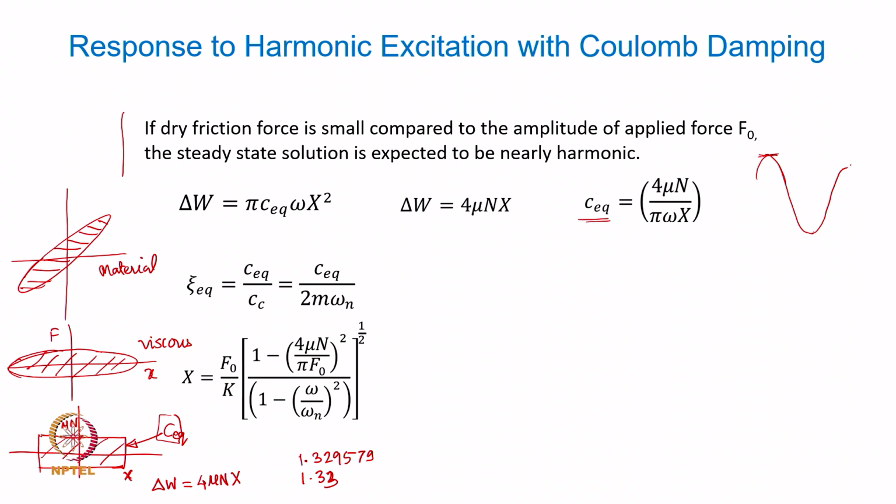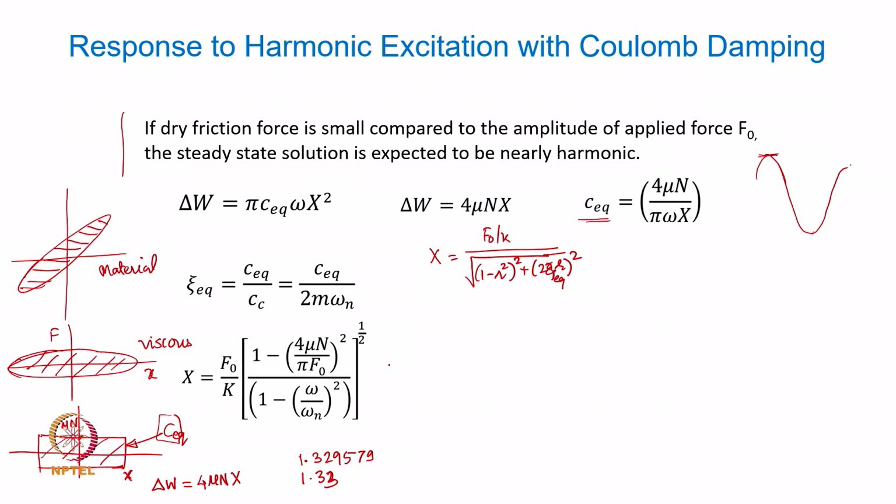zeta equivalent, and when you substitute this zeta equivalent in an expression for capital X, which we know is F naught over k times square root of (1 minus r square) whole square plus (2 zeta r) whole square. Now, in this case zeta is going to be zeta equivalent. Okay. When you substitute for this zeta equivalent in this equation, this is what you are expected to get.